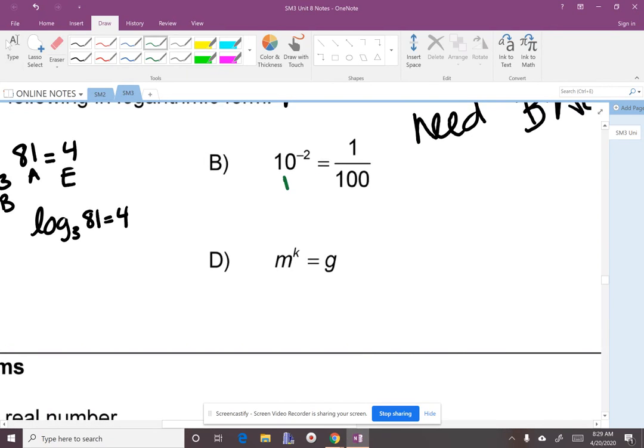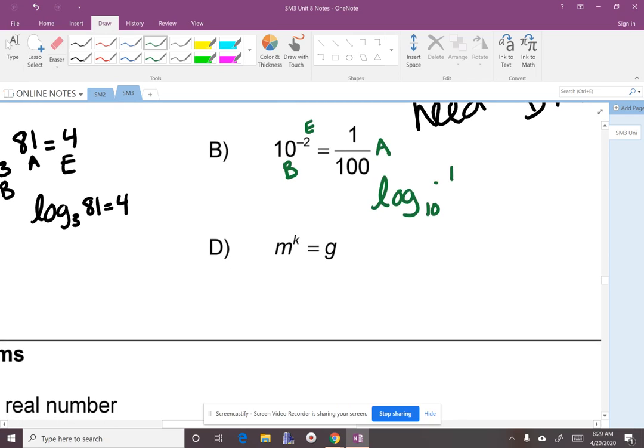This 10 is the base. -2 is the exponent. And 1 over 100 is the answer. So I would say log base b, which is 10, of the answer of 1 over 100 equals -2. You can write it like that.